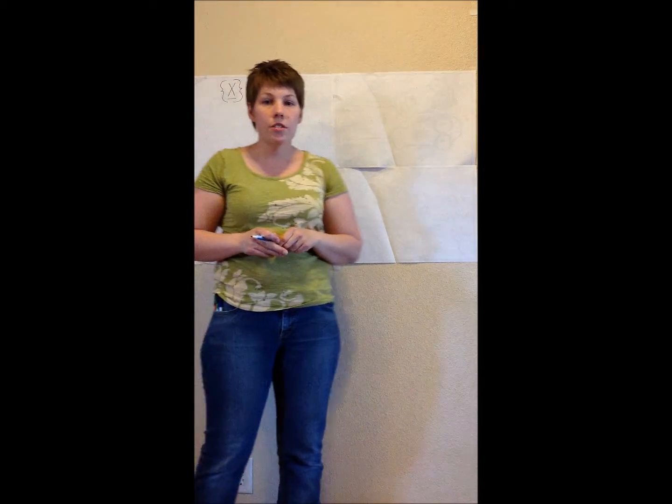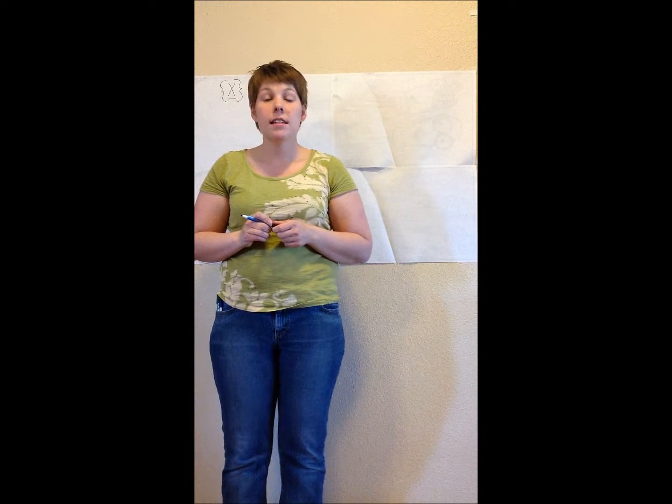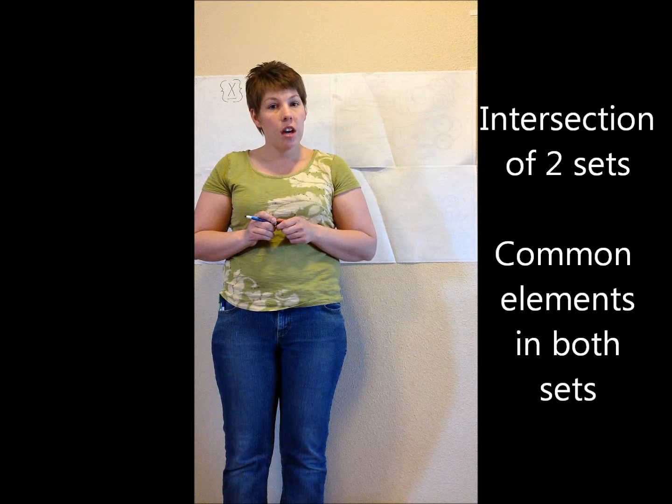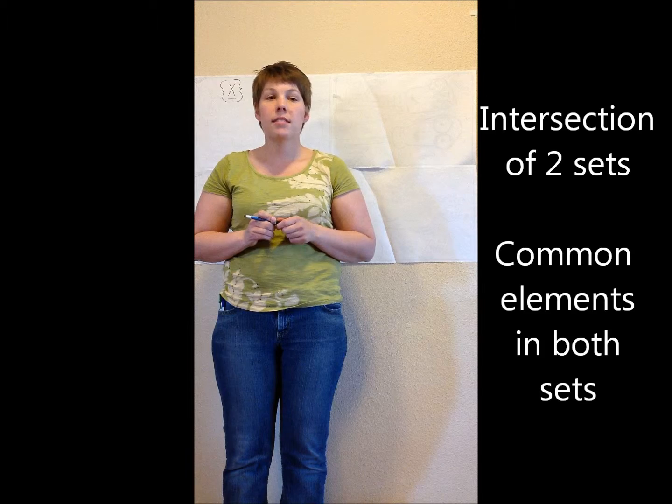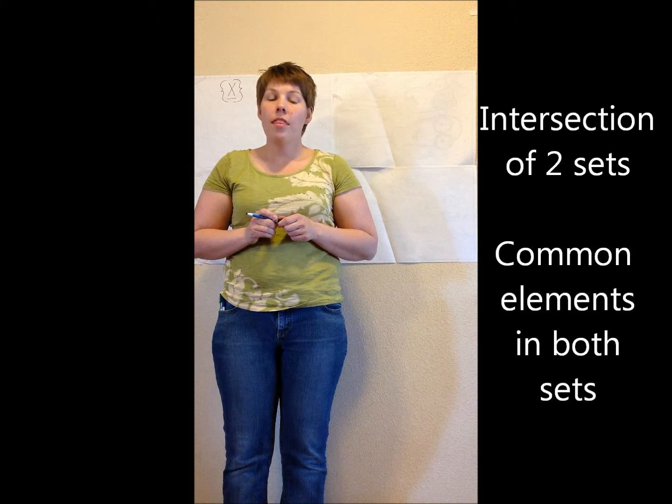Now, what is an intersection? Well, according to Mathematics, A Practical Odyssey, 7th edition, by David B. Johnson and Thomas A. Mowry, the intersection of two sets consists of those elements that are common in both sets.